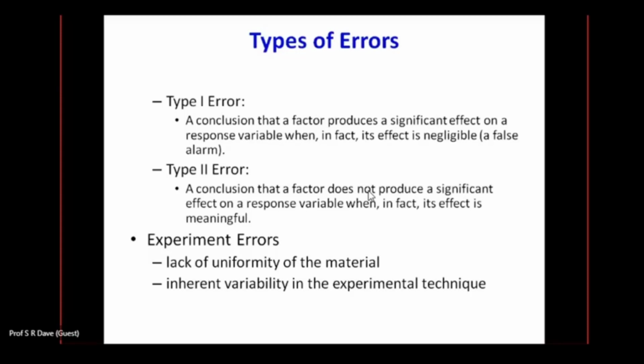In both ways we should be very careful, and that is why in any good design of experiment, 95% significance means a p-value of 0.05, 99% significance means a p-value of 0.01, and 99.9% significance means a p-value of 0.001.